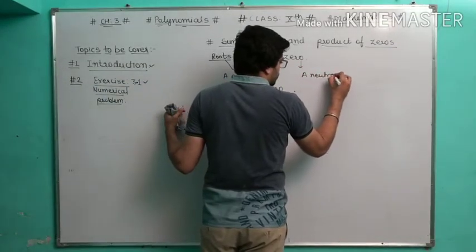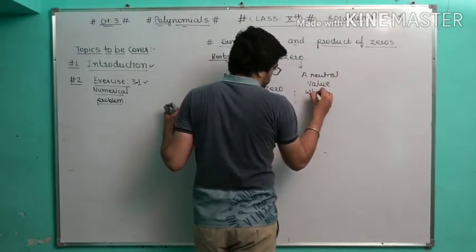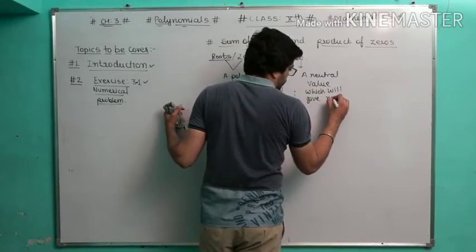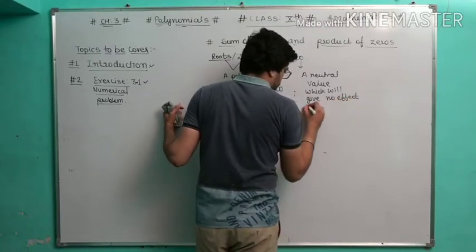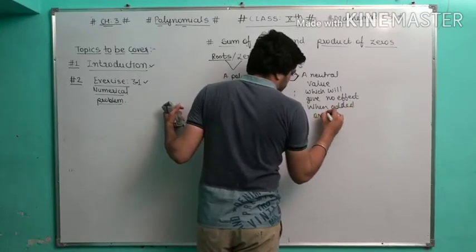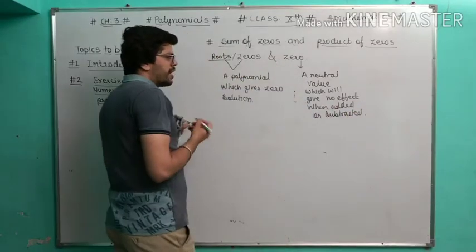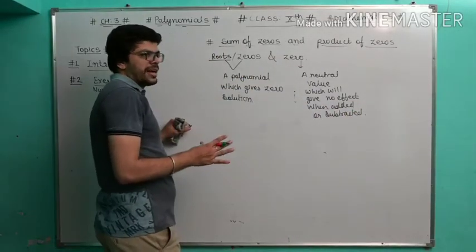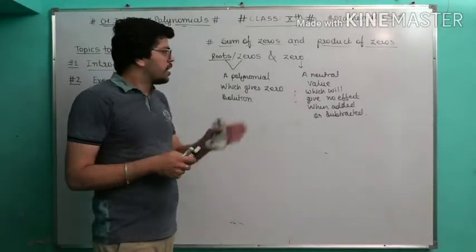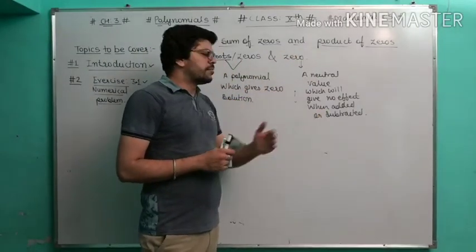A neutral value which will give no effect when added or subtracted. So here we are not going to multiply; we are going to add or subtract in these particular polynomials. So hopefully you understood the basic scenario about roots, zero, and the basic meaning of zero.